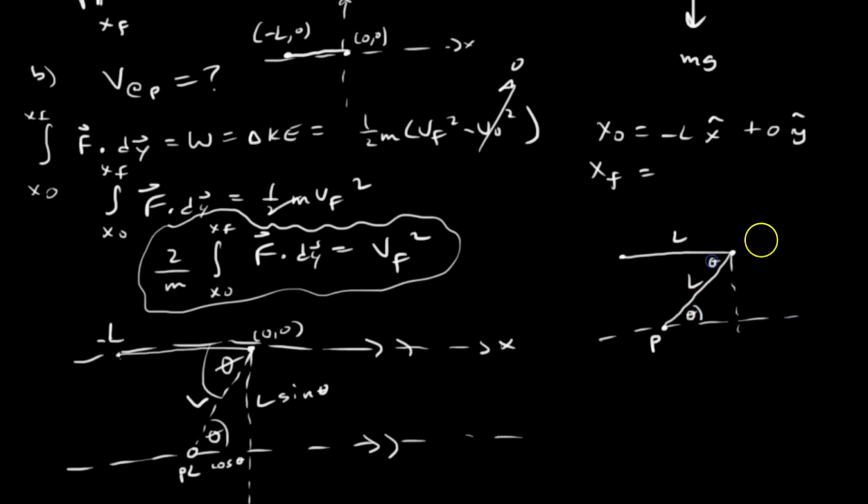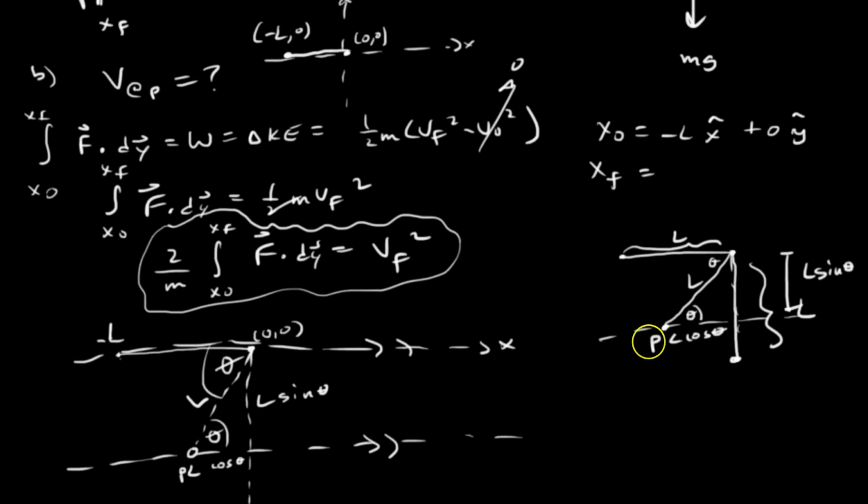So now let's extend this pendulum all the way down. This whole distance is L, this distance is L at point P. And this distance is L cosine theta because it's adjacent, and this little distance over here is L sine theta.